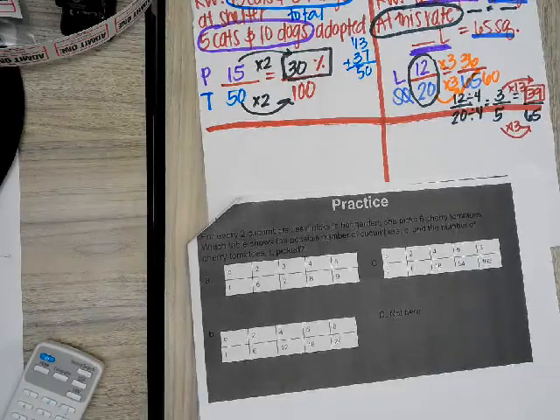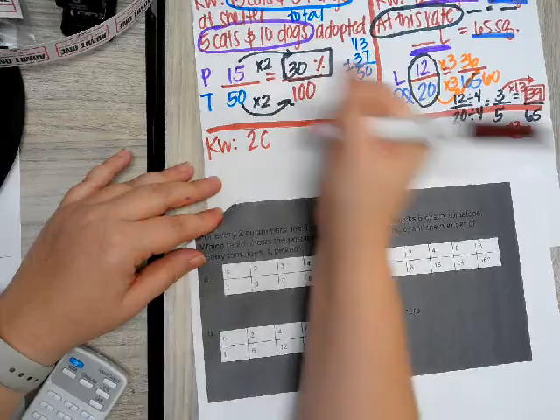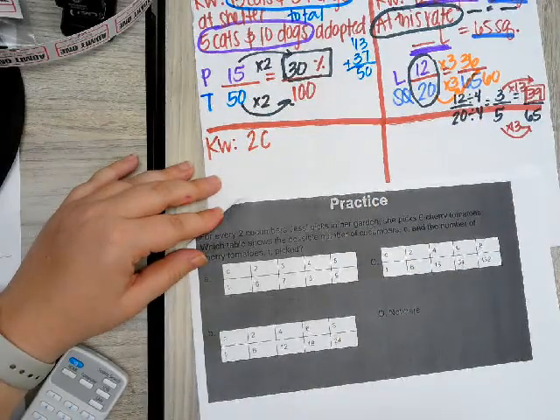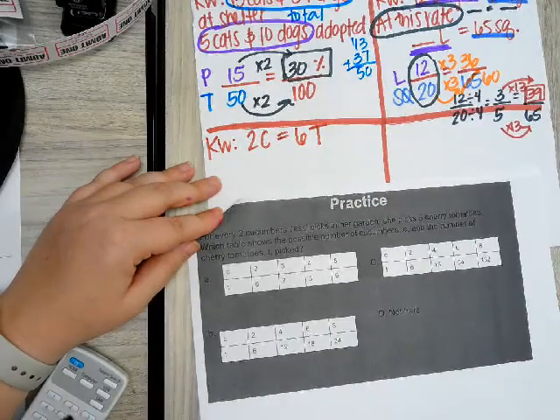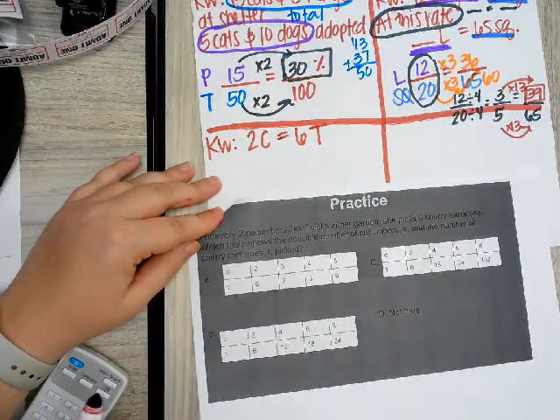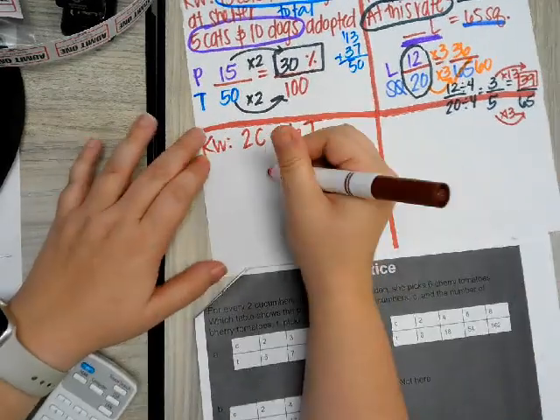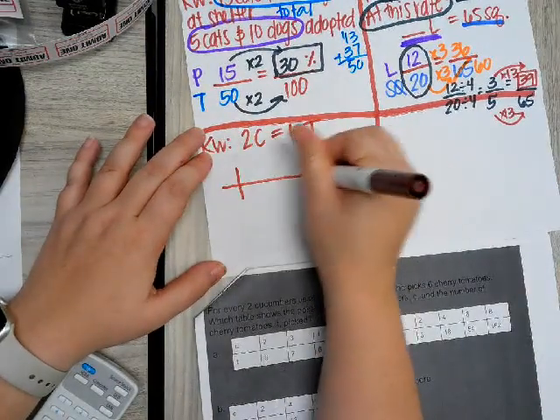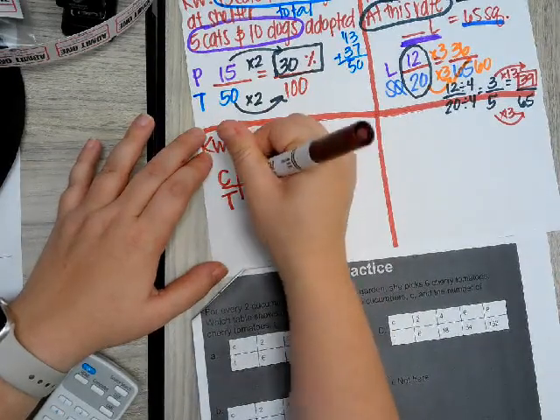Okay, for every 2 cucumbers Jessie picks in her garden, she picks 6 cherry tomatoes. Which table shows the possible number of cucumbers and the number of cherry tomatoes picked? Okay, so if I made my own table, we know this is cucumbers, this is tomatoes. So 2 and 6.